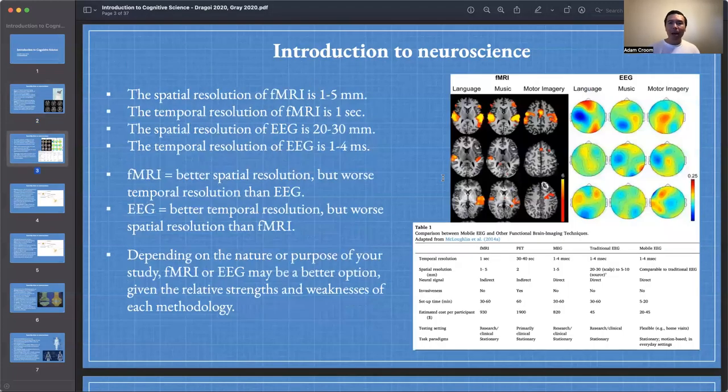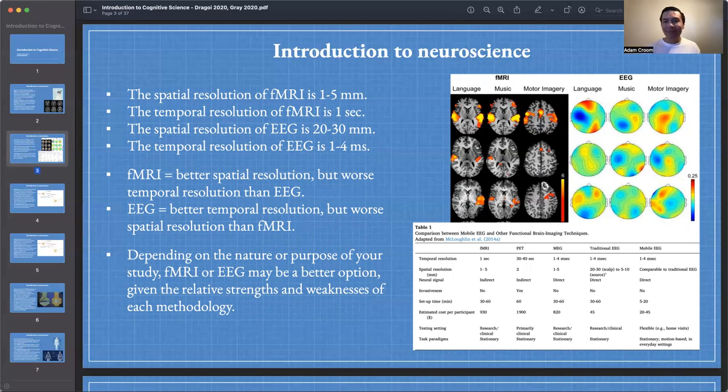Here on this slide, we have a nice visual of the difference between functional magnetic resonance imaging, on the left, and electroencephalography, on the right. This is tracking activity in the brain while participants are engaged in a linguistic task, a music task, or a motor imagery task.